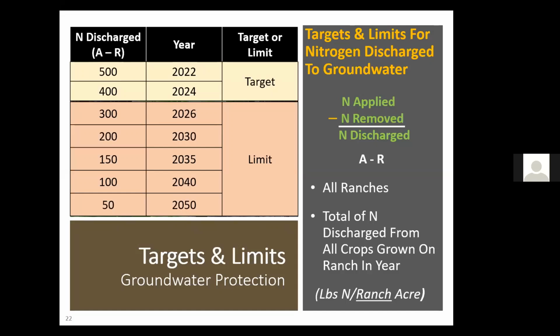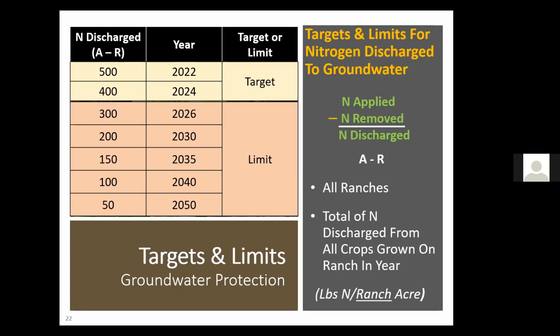So regarding compliance, I encourage you to take a look at the MRP and Attachment A to see how we expect you to comply with these discharge targets and limits, because we do provide two compliance pathways. One pathway is based on the A-R values being equal to the targets and limits that you see on the table, and in accordance with the time schedule noted on the table.